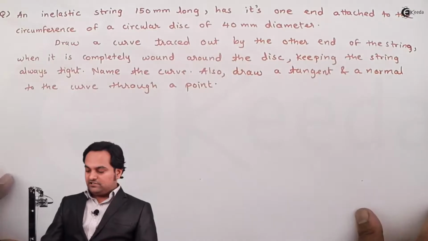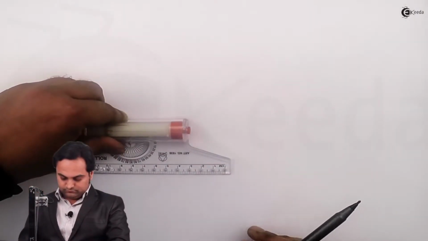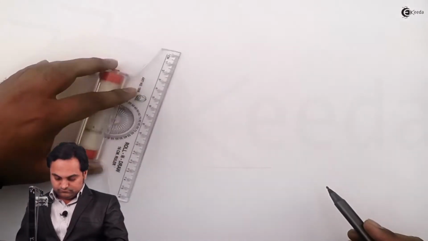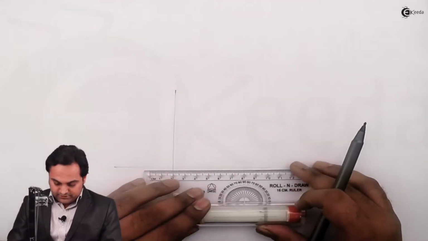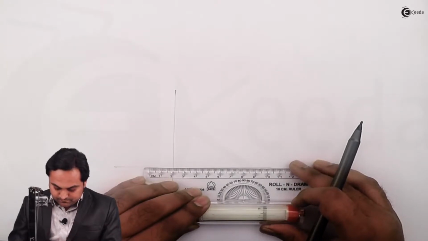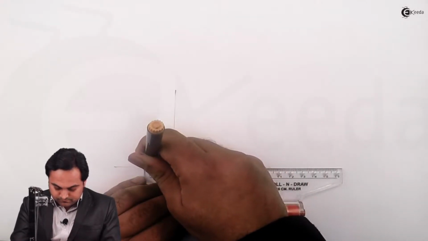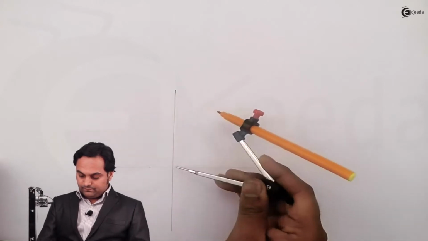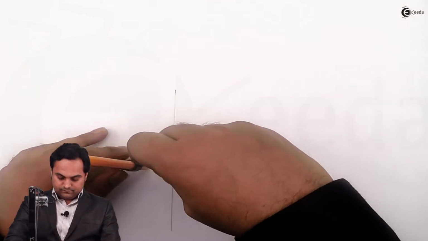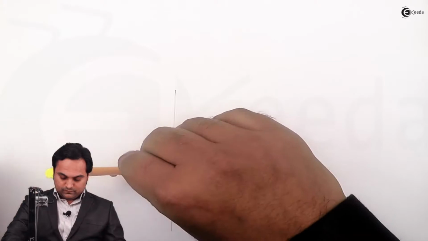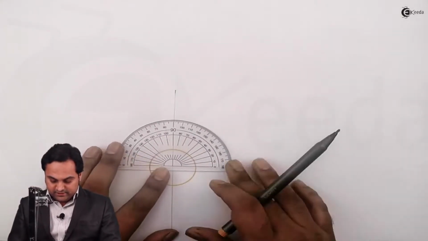Diameter is 40 mm. I'll start here. So radius is 20 mm. Drawing a circle through this center and radius. Then I'll divide this circle into 12 equal parts, taking each angle as 30 degrees.